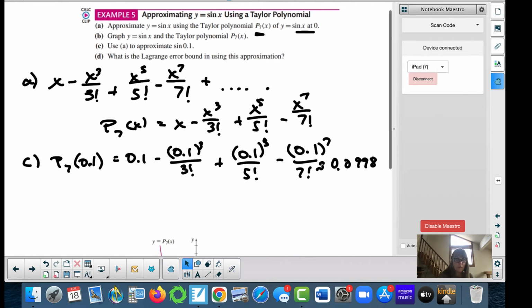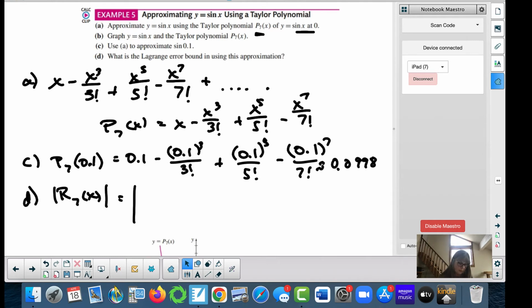Now we want to see how close is that to the actual value, like what's the error bound, what's the upper bound for an error. So to do that, we take that formula, so it's going to be the 8th derivative of the function evaluated at u times x minus c to the 8th power over 8 factorial.